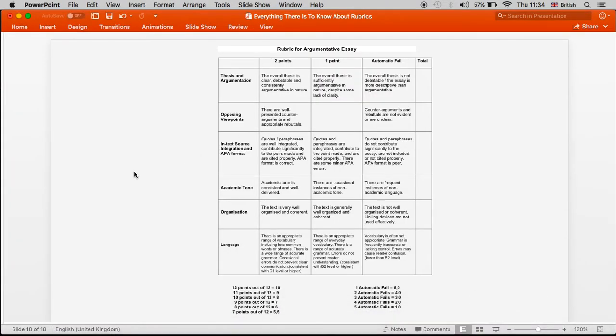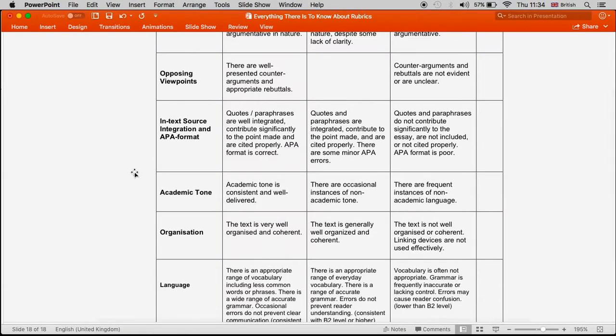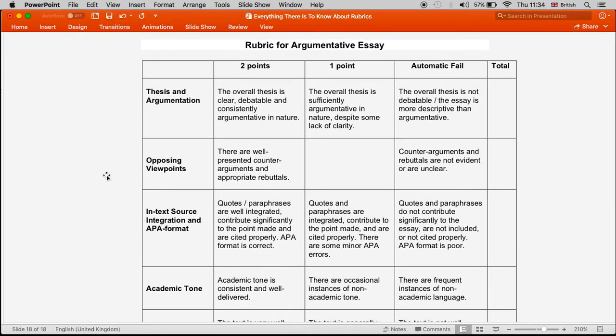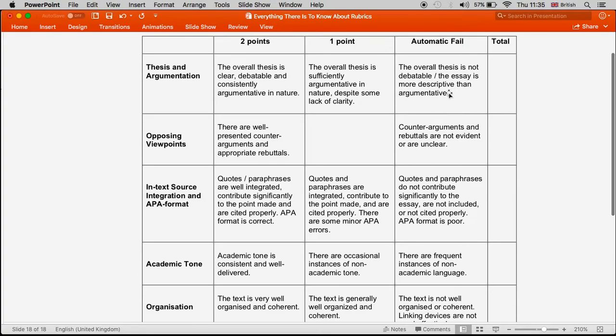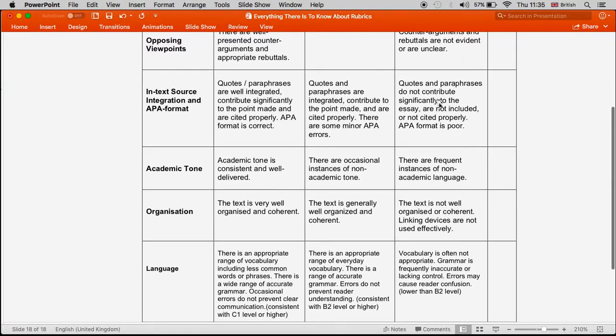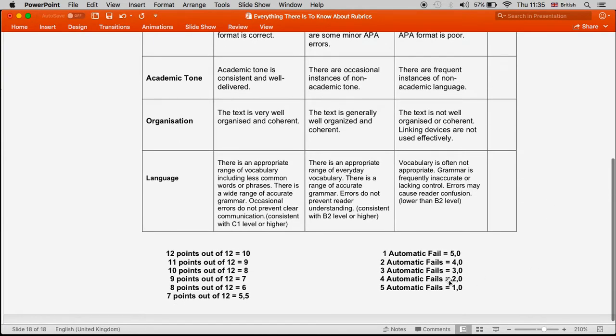Now, what I find quite often the hardest part, I always joke with my students saying this is why I'm a language teacher and not a maths teacher, is that you need to figure out the points system so that they make sense to the user and so that they're not incorrect. So for example, you could say, like in this rubric I designed, we've got automatic fail. And what I've had to make clear to people is if they fail anything in this column, it's an automatic fail.